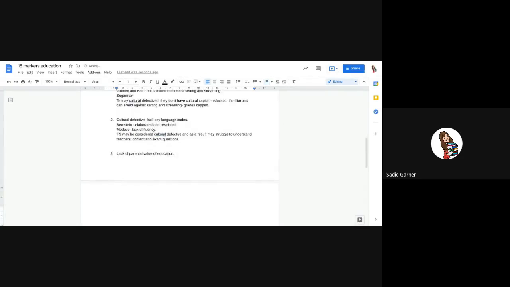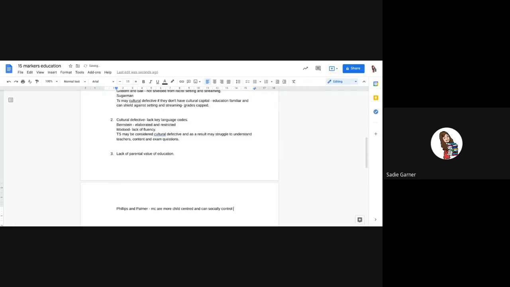So I'm going to pop in here Phillips and Palmer. Argues that middle class are more child-centered. They focus on their children much more and can socially control their children.